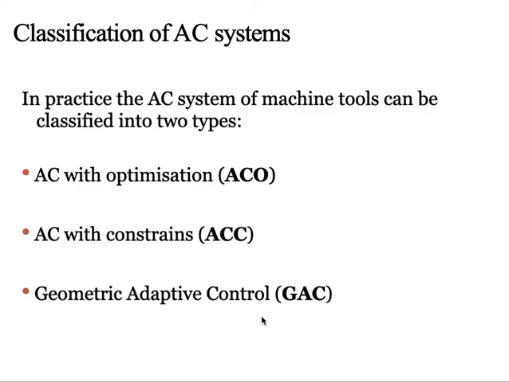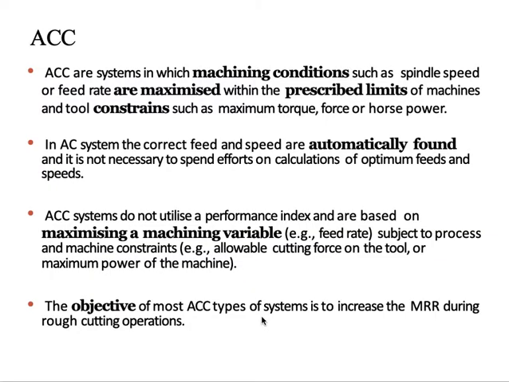If you see ACC, that is adaptive control constraints, the object here is systems in which machining conditions such as spindle speed or feed rate are maximized within the prescribed limits of machine and tool constraints such as maximum torque, force, or horsepower.